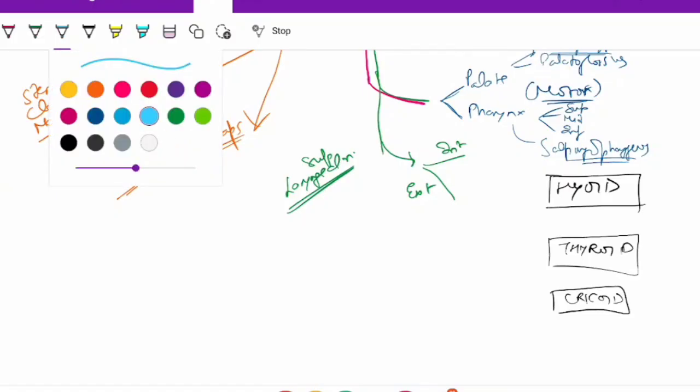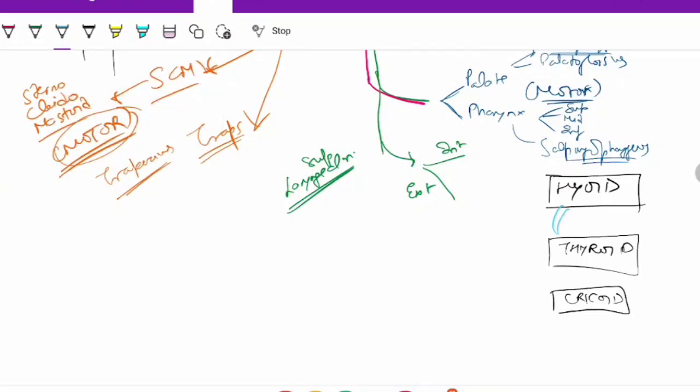There is a structure that lies between the hyoid bone and thyroid cartilage, and this structure is known as the thyrohyoid membrane. Your internal laryngeal nerve supplies this thyrohyoid membrane.